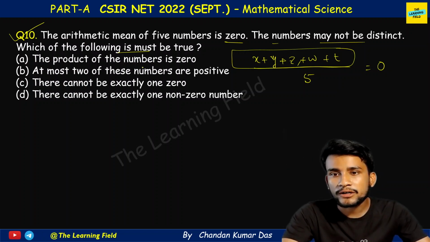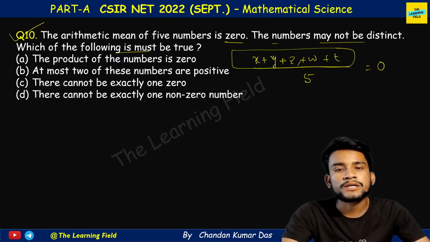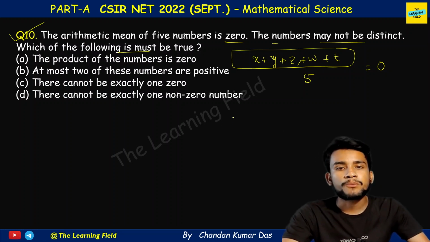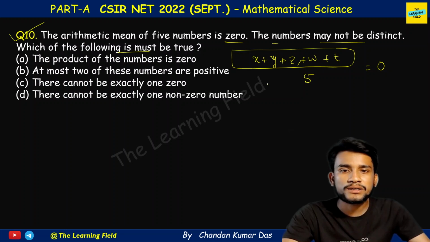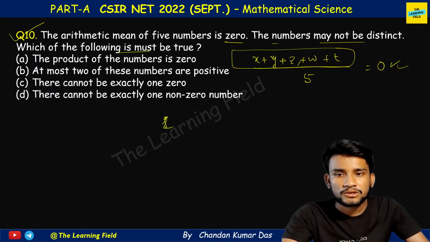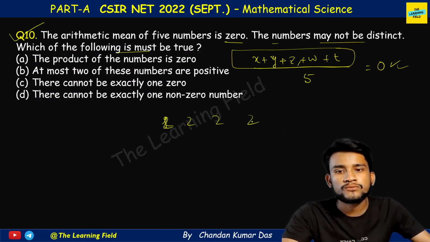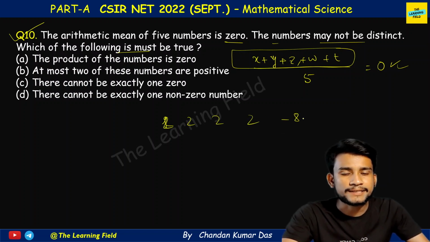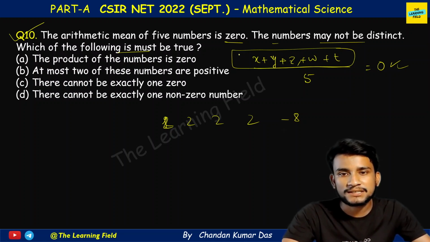Here, the product of the numbers is 0. It may not be the product. If we don't take any zero among the numbers, then this also holds. You can take, suppose, 2, 2, 2, 2, 4 and minus 8, then this holds. So this sum is 0, therefore their arithmetic mean is also 0, because this sum is the numerator.